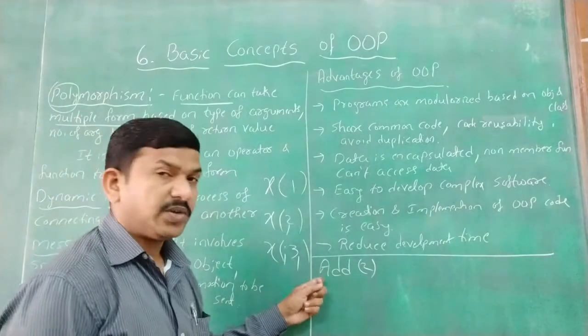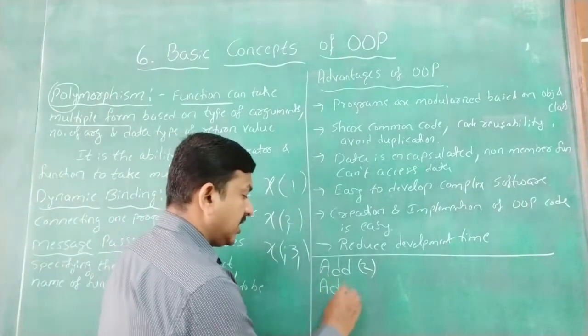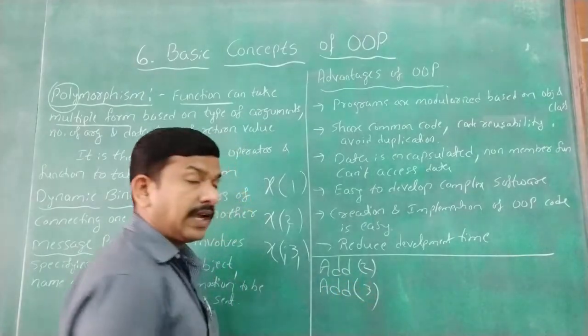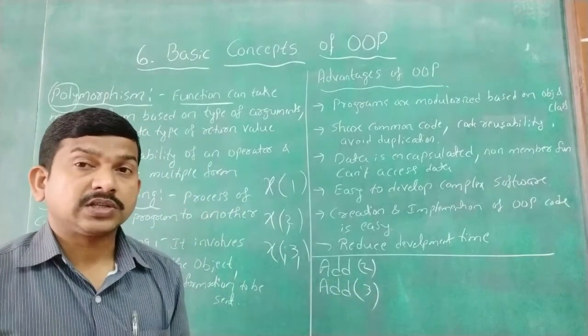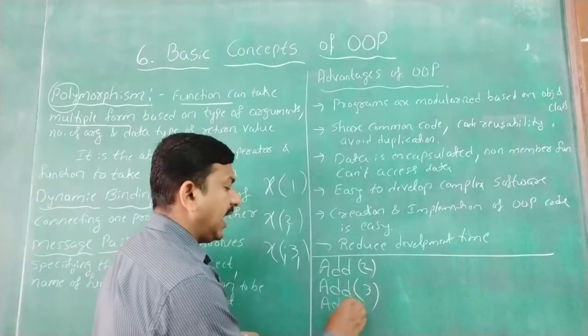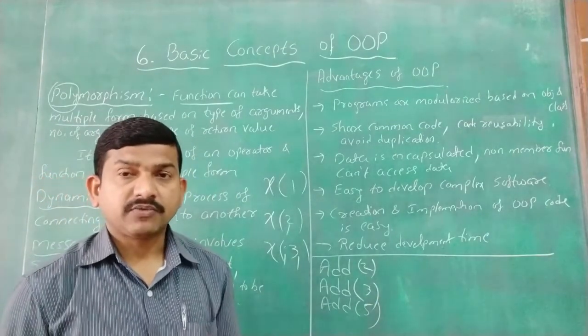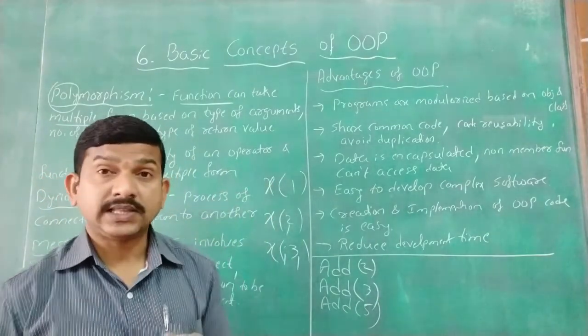The same function I use for the addition of three numbers, so this time it will take three arguments. Similarly, the same function with five arguments for the addition of five numbers.